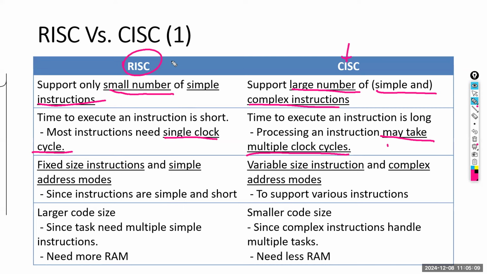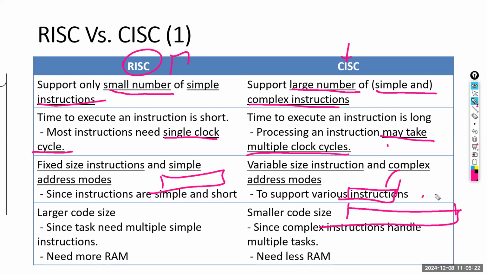Because RISC supports only simple instructions, we can go for fixed size instructions. But here some instructions are small, some instructions are long, so it is better to go for variable size instructions. Otherwise, we are wasting time and resources, because different size instructions are there.